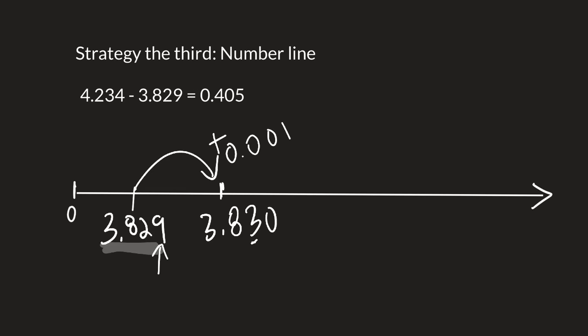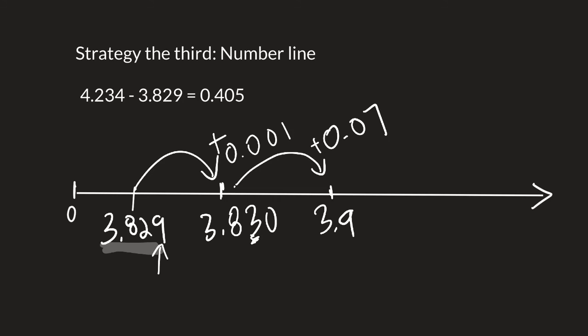How do we add hundredths to make this easier? Okay, so let's add 7 hundredths. When we add 7 hundredths to 3.830, we get 3.9 because we added 7 hundredths to that.